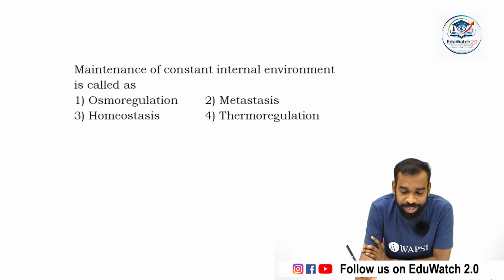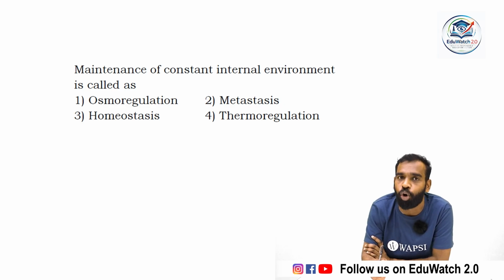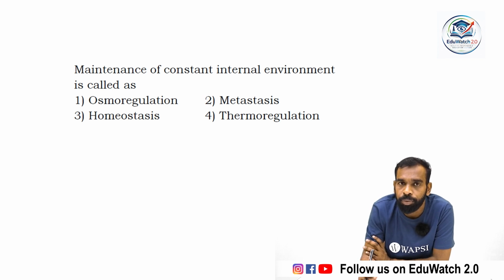Maintenance of constant internal environment is called? Maintenance of constant internal body environment with respect to external environment. These questions are from the chapter excretory products and their elimination. Here we have 4 options. Option number 1, osmoregulation.